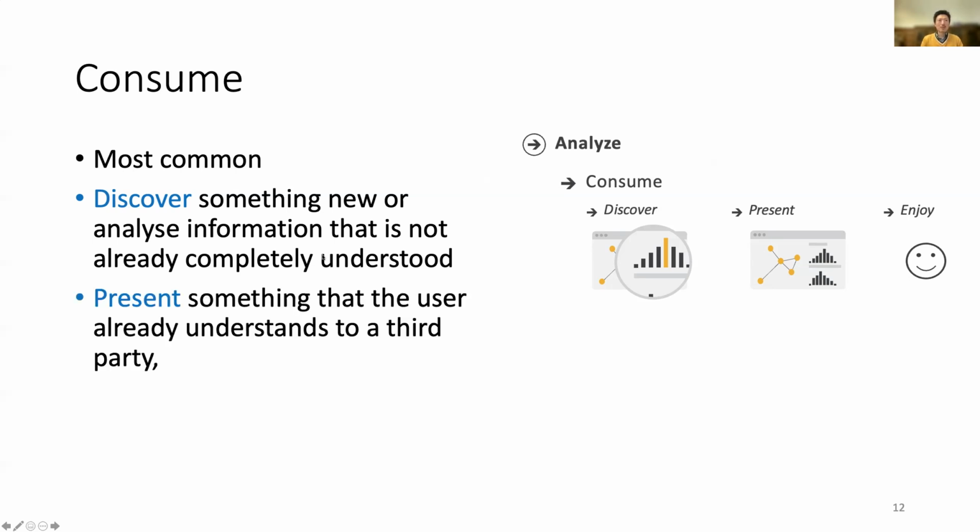And the second task will be present. Okay, you already analyzed the car data set, and you have a list of findings, and you need to prepare a PowerPoint slide to show me and the rest of the lab. That's what present is. In the present part, you already know what you found. Your job is to pass that information to others, but also convince others as well.